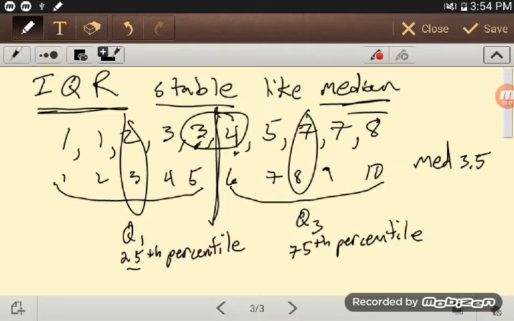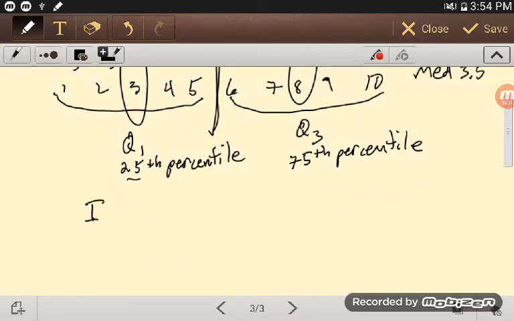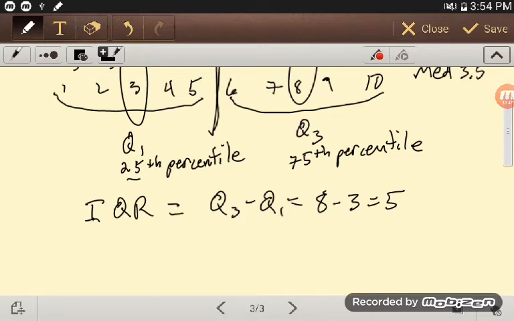So I do those, and then the interquartile range is very simple to compute. There's very little calculation to do. It's just Q3 minus Q1, and so in that case, it's 8 minus 3 equals 5.